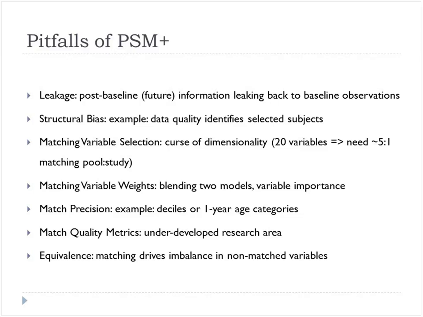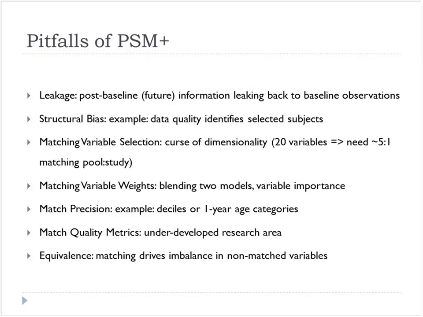Structural bias, as I said, that data quality example, and that came up more than once, where data quality issues, for instance, going back and amending records years later would then be a difference between comparison and intervention subjects.